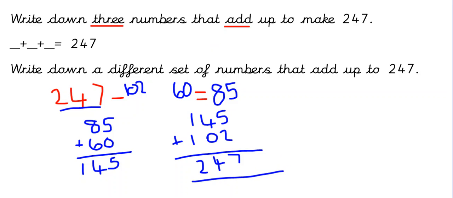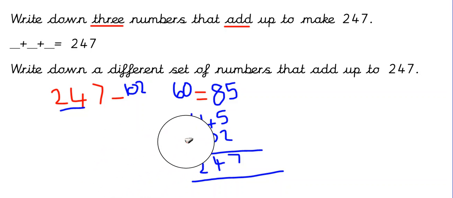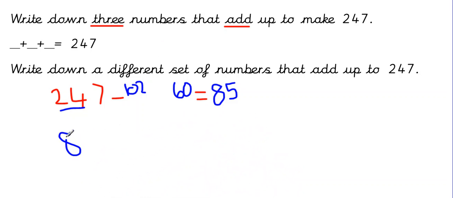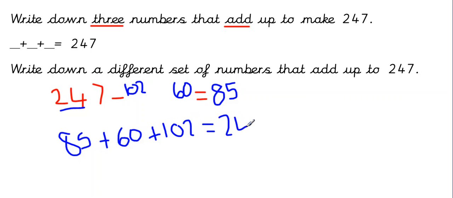Okay, if I write that out as I've written my subtraction out, hopefully it will become a little bit more clear. So I've got 85, add 60, add 102, equals 247.